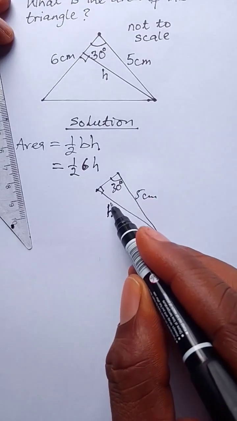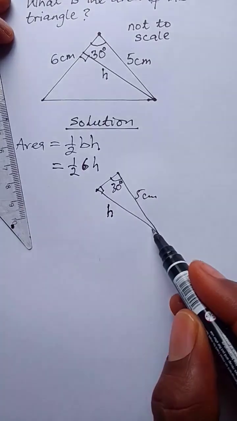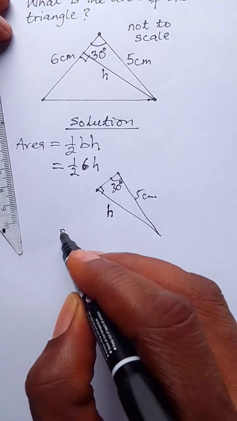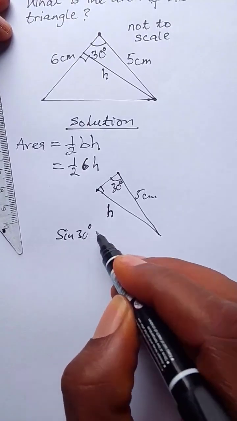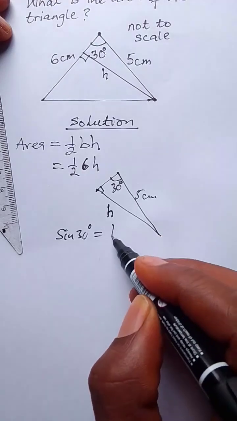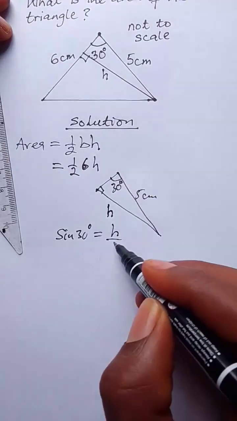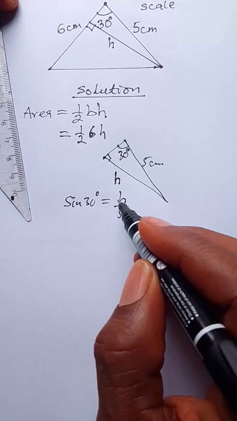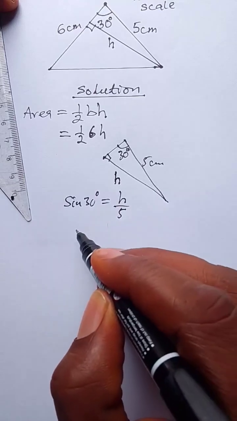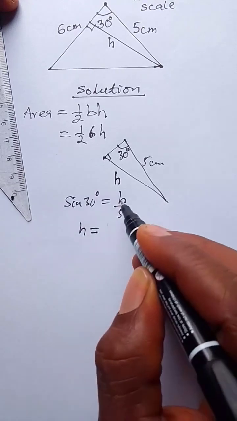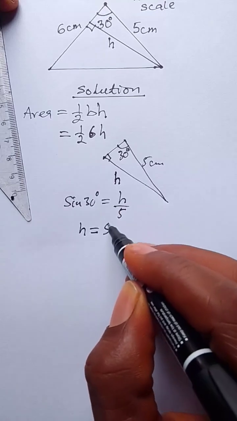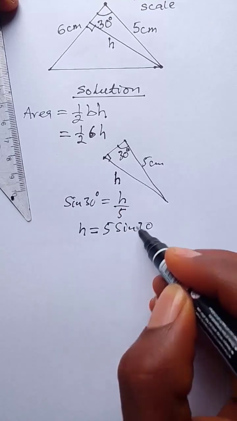This will take me to opposite over hypotenuse, that is sine 30. So sine 30 degrees is equal to opposite H over hypotenuse 5. Then I have to make H the subject of the formula. My H will be equal to, by cross multiplication, 5 sine 30.